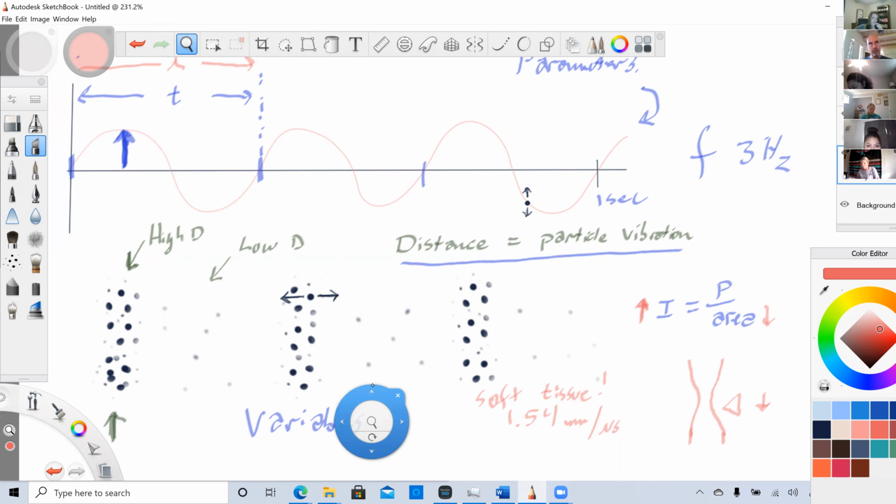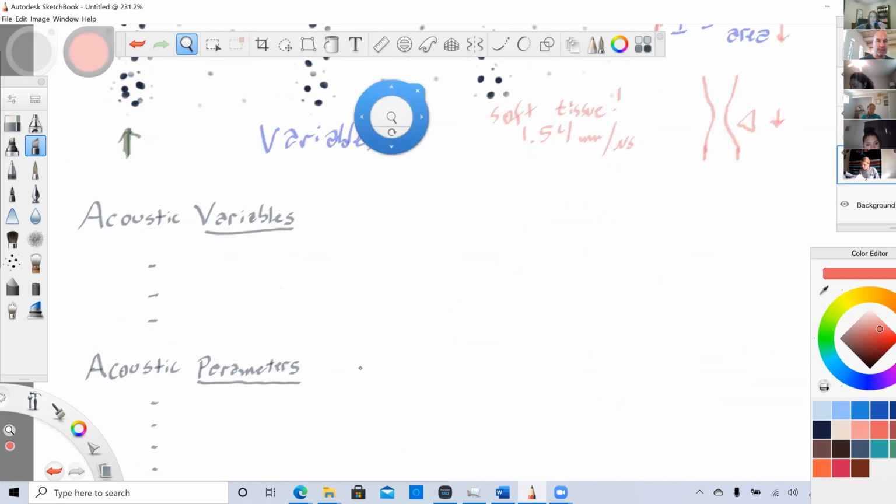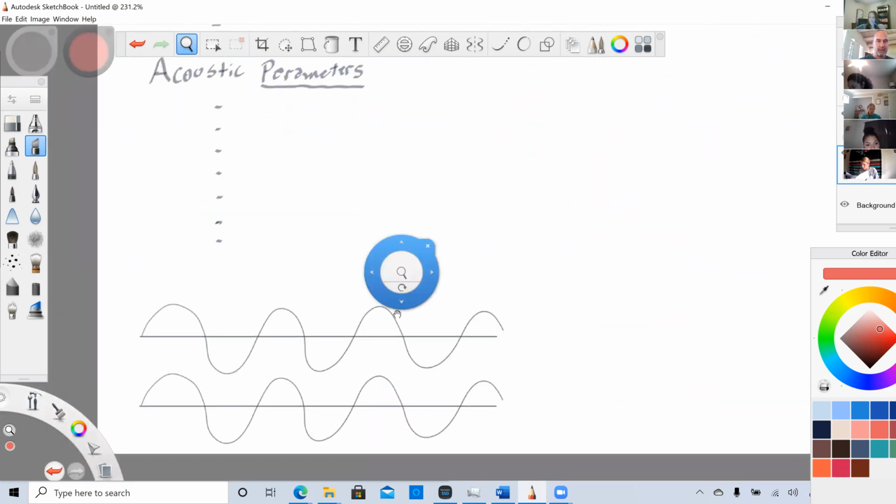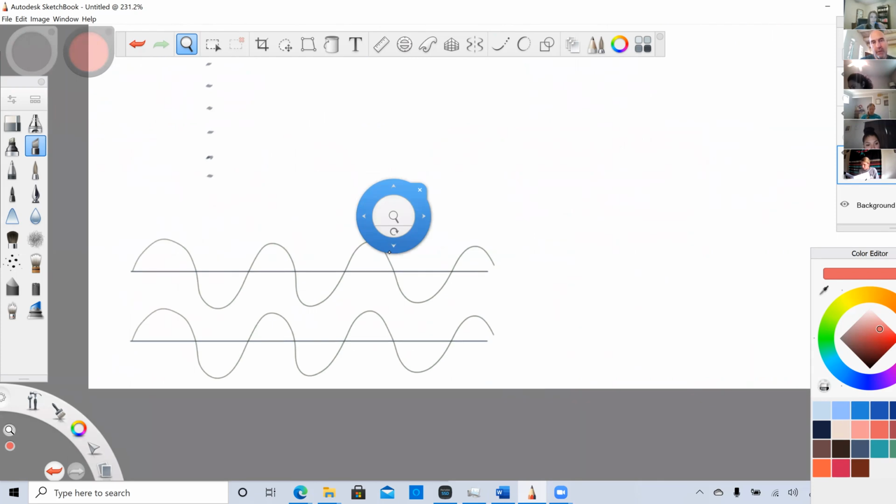What can and can't you change? What is determined by the source and what is determined by the medium? Sometimes it's a little bit of both. But just remember those. I'm not going to go over all of that in detail because that would just be starting completely over.